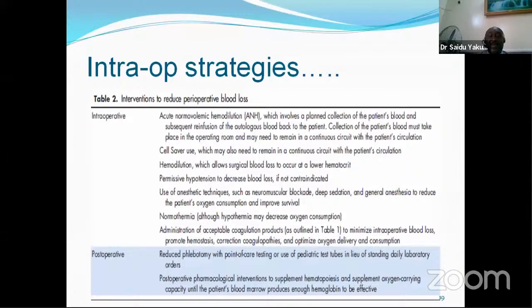Hemodilution also allows surgical blood loss to occur at a lower hematocrit. One could also do controlled hypotension to decrease blood loss, and certain medications can be used: esmolol, labetalol, sodium nitroprusside, and so many others. And then, of course, anesthetic techniques such as neuromuscular blockade, deep sedation, and general anesthesia to reduce the patient's oxygen consumption and improve survival.